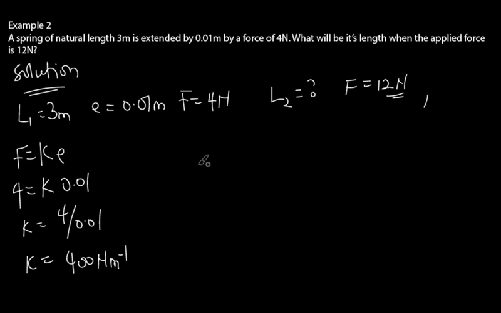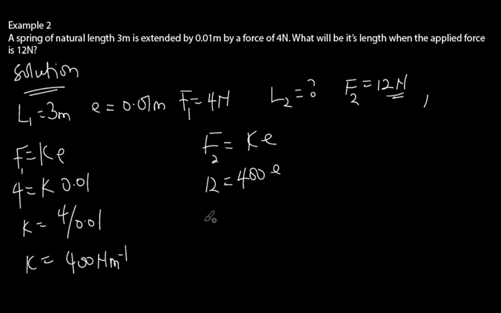So in the second scenario, let me denote this as F1, and this as F2. In the second case we have F2 equals K times the extension, with our second force being 12, equal to the spring constant, 400, times the extension.